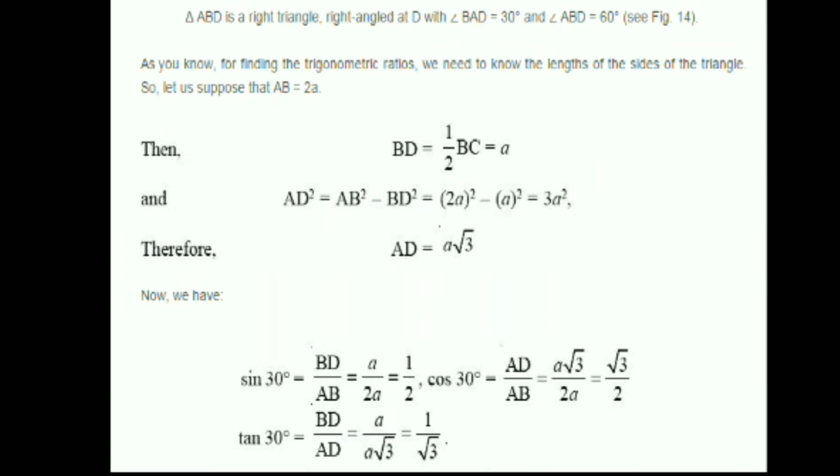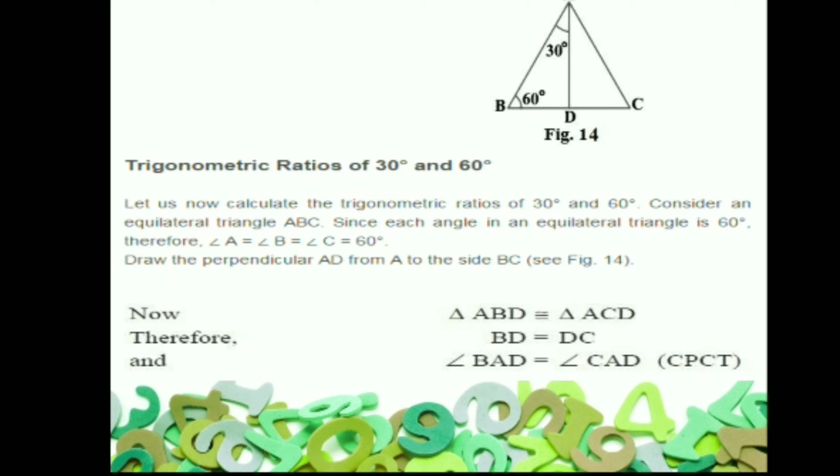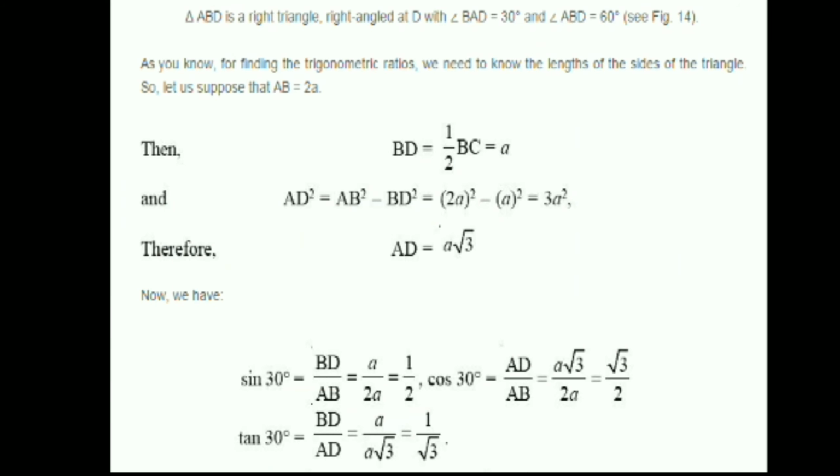Got it? So see here, ABD is a right triangle at D, as I told you, with angle BAD 30 degree and ABD 60 degree. As you know, for finding the trigonometric ratios we need to know the lengths of the sides of the triangle. So AB is equal to 2A, just as I told you, that's why BD is equal to A upon 2.